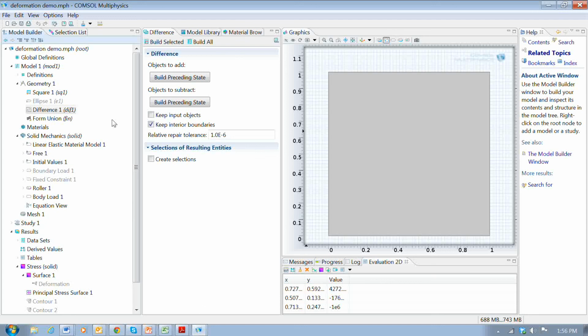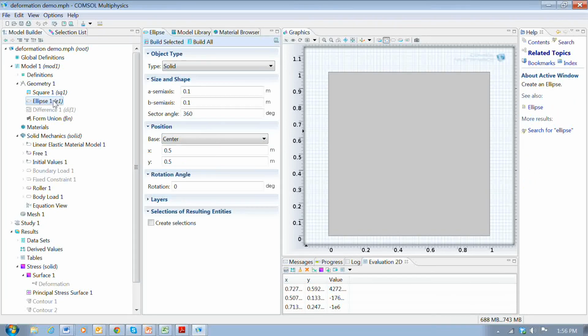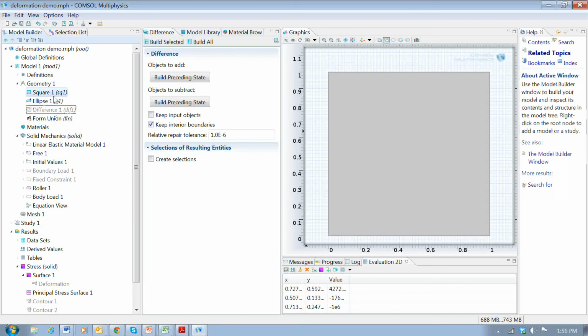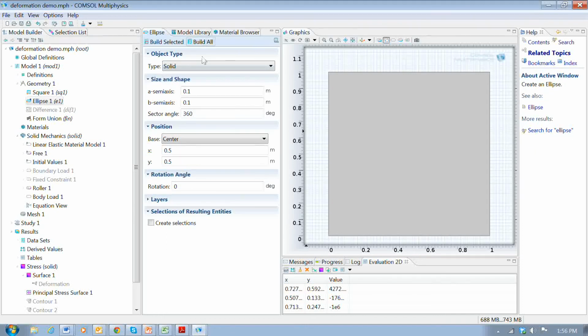So to set up that model, the last one, we go here to the geometry, and I've got an ellipse in here that I'll enable. If I do that, then the ellipse is set up so that the semi-axes are the same. If I build that, then there's the ellipse.